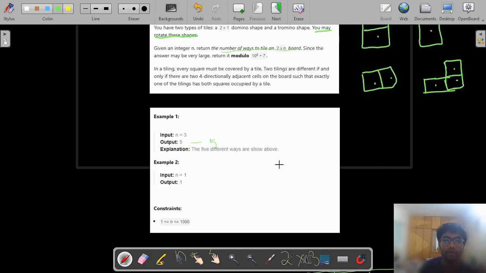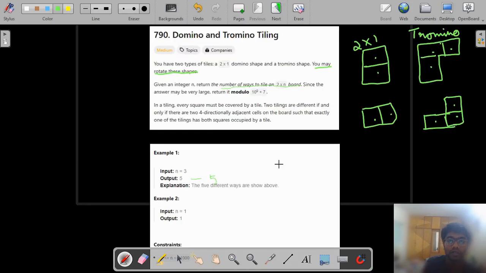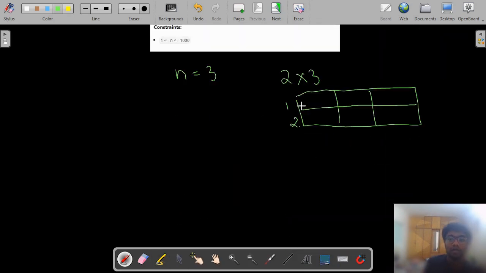So we need to have all of these squares filled out. That's another criterion. Every square must be covered by a tile. That's another part of the problem statement. Okay, let's see different ways of filling this board.